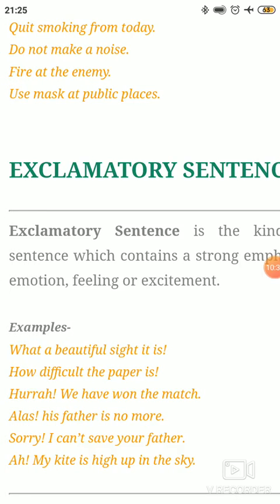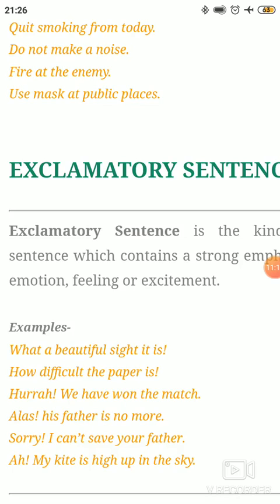As you all see in all the examples here, what a beautiful sight it is! Exclamatory mark. This expresses a strong feeling of excitement regarding beauty. Understood? How difficult the paper is! Again, exclamatory mark. Hooray! Hooray is a strong feeling of excitement and happiness. So, exclamatory mark immediately after that word. We have won the match. Full stop. Alas!